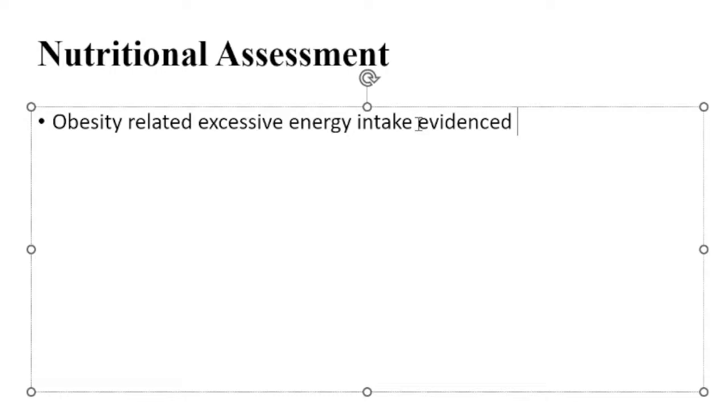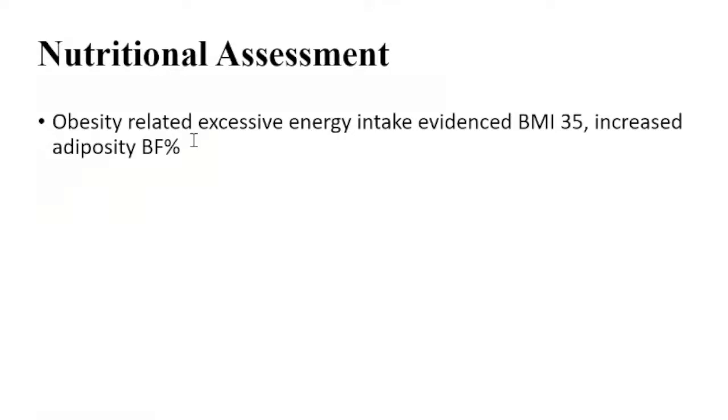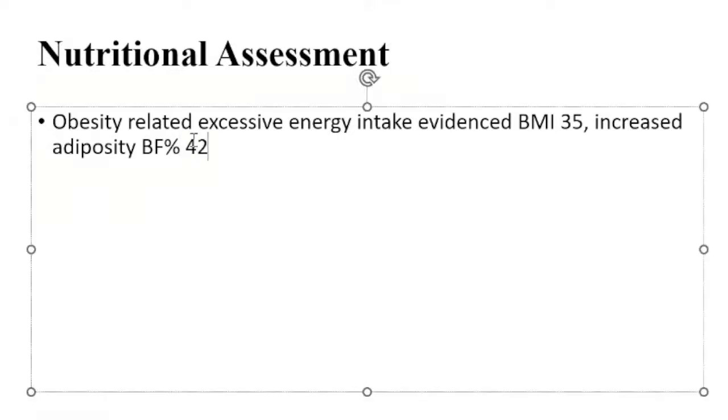as our colleague said, we all saw the BMI, which is 35, and then increased adiposity. Our colleague also stated that increased adiposity. We can be specific and then write BF, body fat percentage, was 42.9%, which is high for a female of her age, as our colleague indicated.